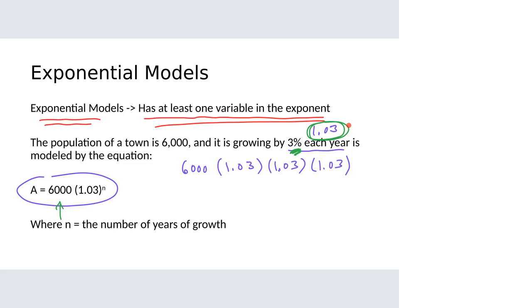And then the number of times you multiply by 1.03 is just however many years you want to look into the future. 1 year into the future, just multiply by it once. 5 years into the future, you want to multiply by it 5 times. 20 years in the future, you want to multiply by it 20 times. And that's why we use an exponent here, because we're multiplying by 1.03 over and over and over again. And so that's where that exponent comes into play in this model.